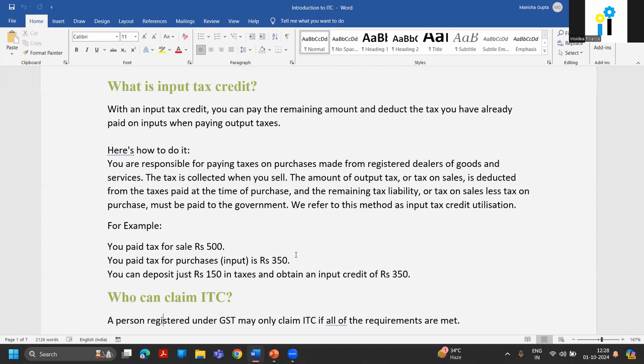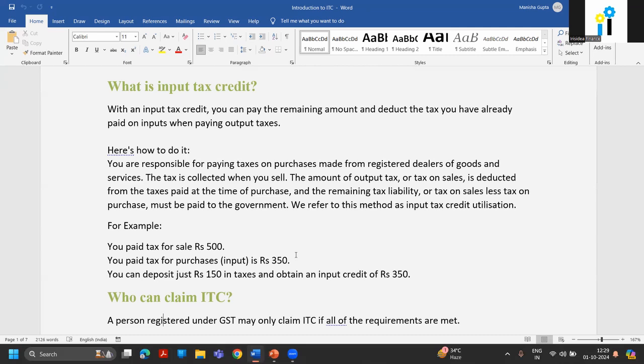When you pay tax to the government, you deduct input tax from output tax, and the remaining amount you pay to the government.